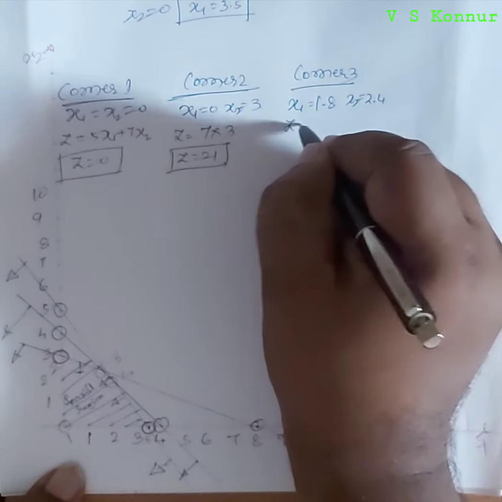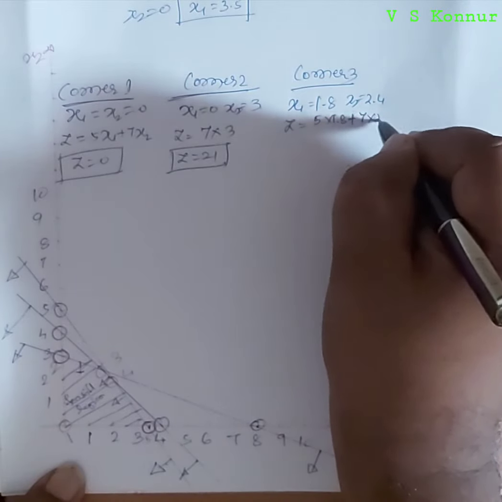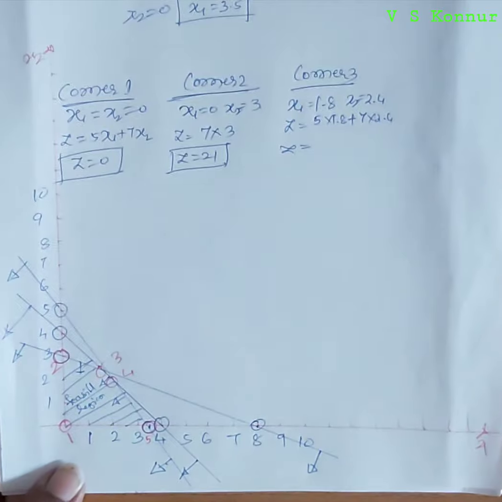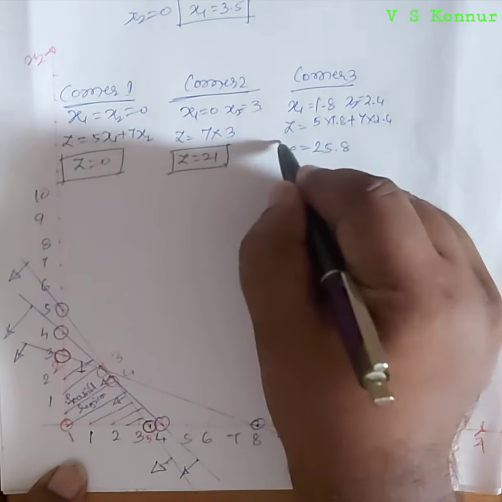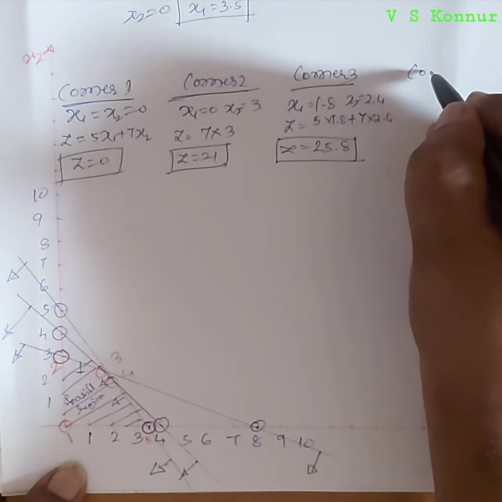Put the values, z is equal to 5 into 1.8 plus 7 into 2.4. We'll get z is equal to 25.8 around. From the graph you will get a different value because that is the exact value. Now I am considering the approximate.